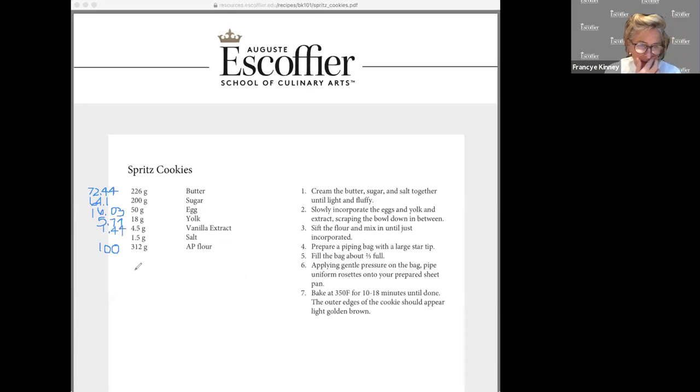And our last ingredient is salt at 1.5 grams. We divide that by the 312 and multiply by 100, and we get 0.48%.